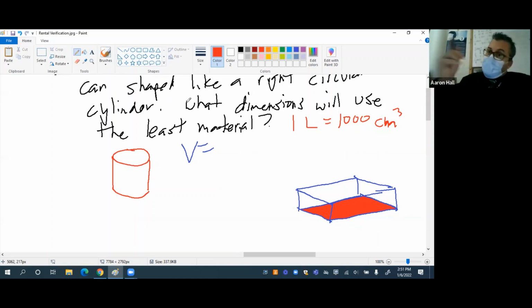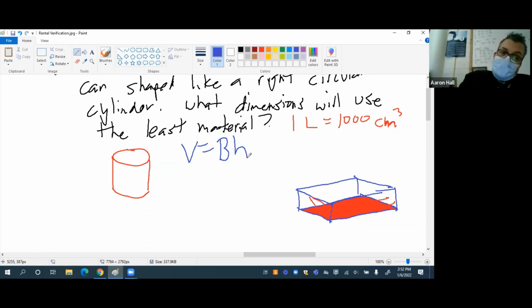Because doesn't that base repeat itself over and over and over as we go up the image? So our formula for any prism is the area of the base times the height.